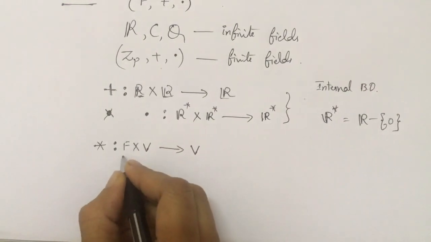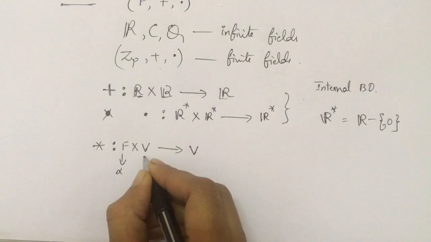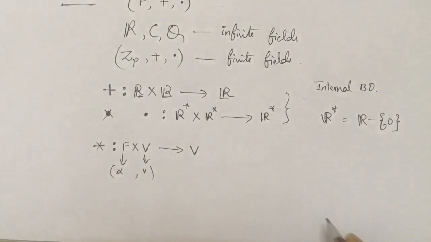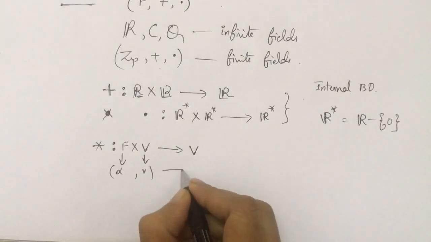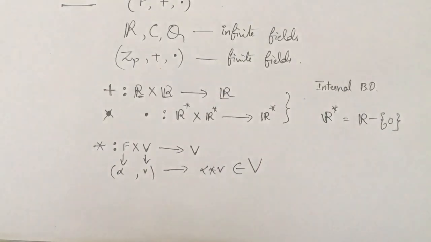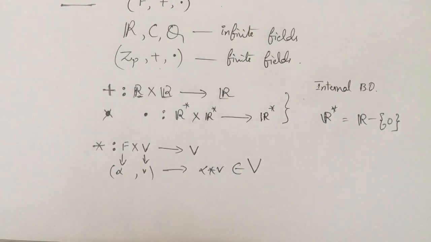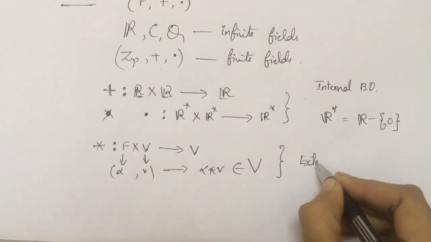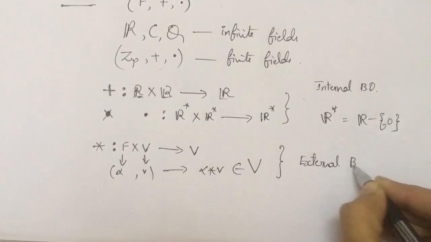Suppose I'm taking alpha from F and a vector v from V, then the ordered pair alpha comma v gives me alpha star v, which belongs to the set V. So this is an example of an external binary operation.